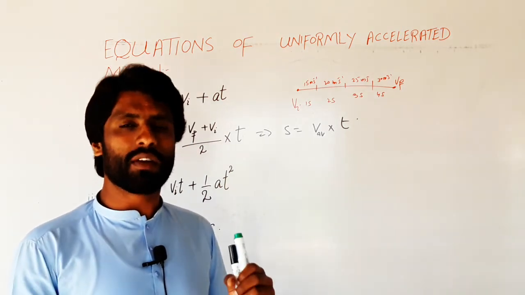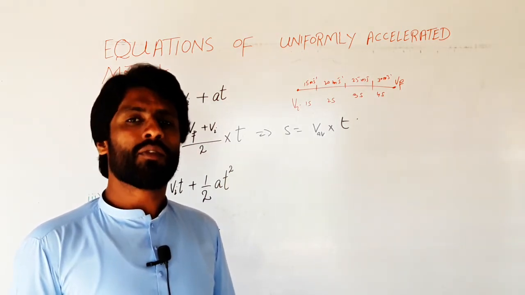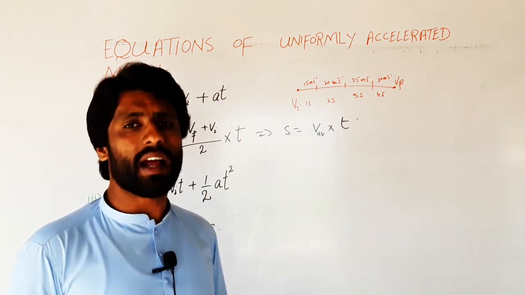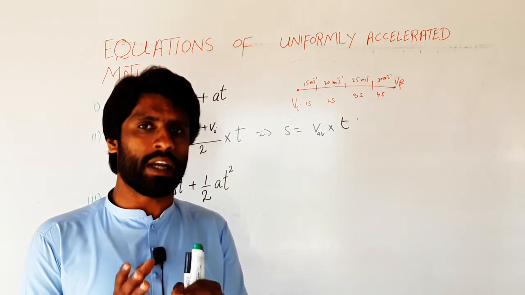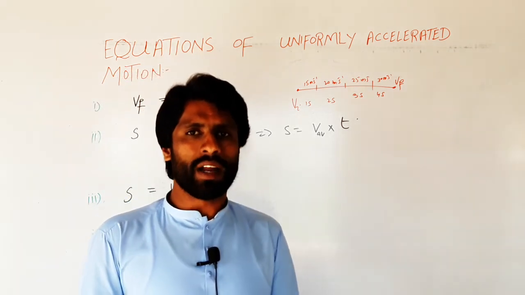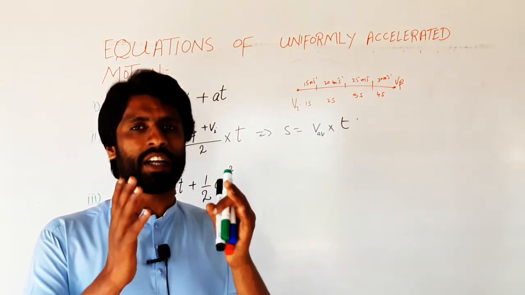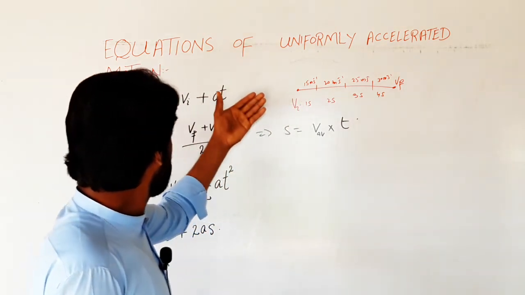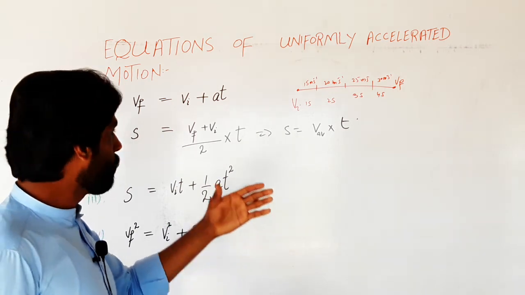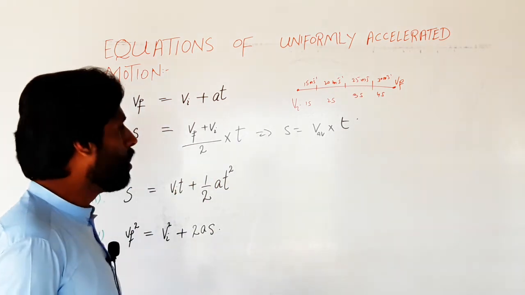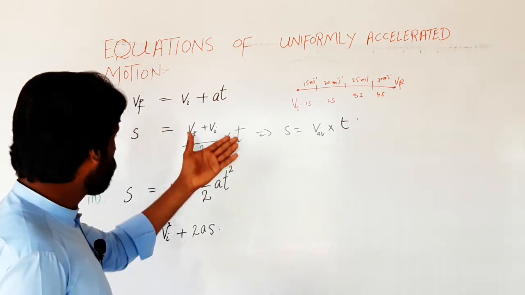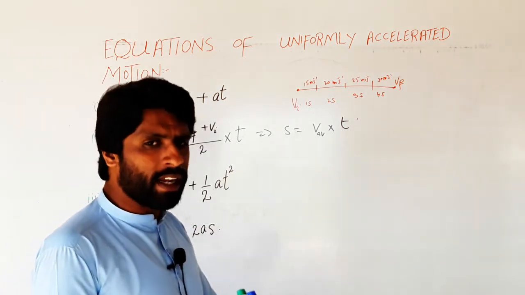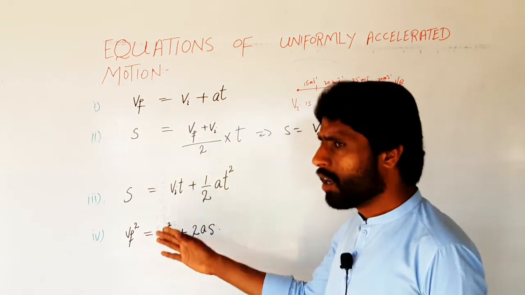When an object is moving with initial velocity, required time, acceleration, etc., according to the condition of the question, we understand the condition of the question, then we find out the unknown value using these equations.